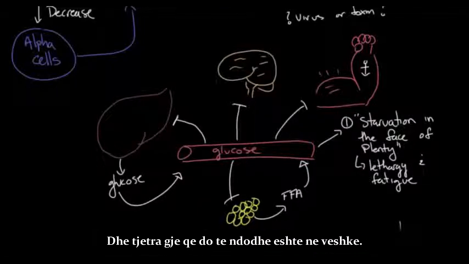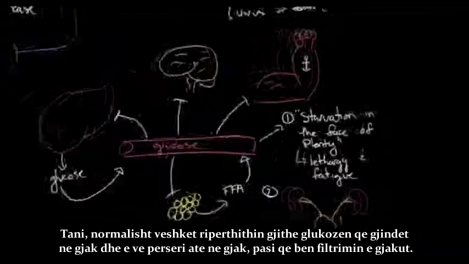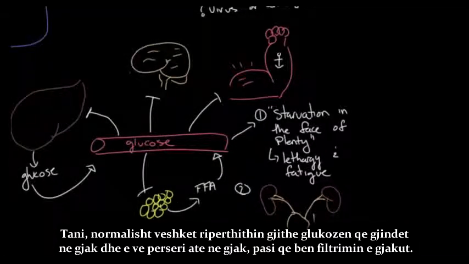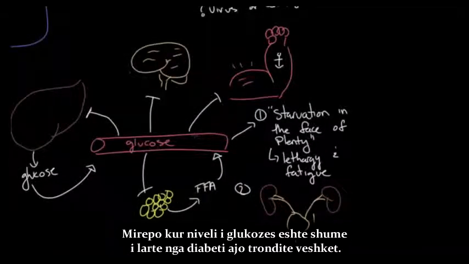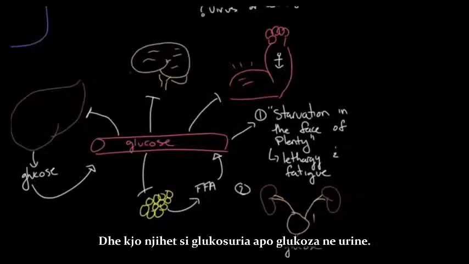And then the next thing that happens occurs in the kidneys. Now, normally the kidneys reabsorb all of the glucose that's in the blood and put it back in the blood when they're filtering the blood. But when this glucose level gets so high from diabetes, it overwhelms the kidneys, and that glucose spills out in the urine. And this is known as glucosuria, or glucose in the urine.